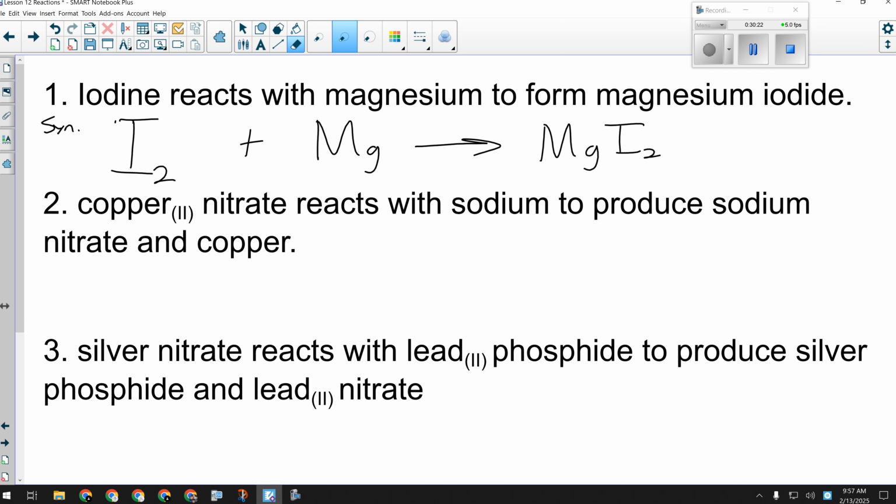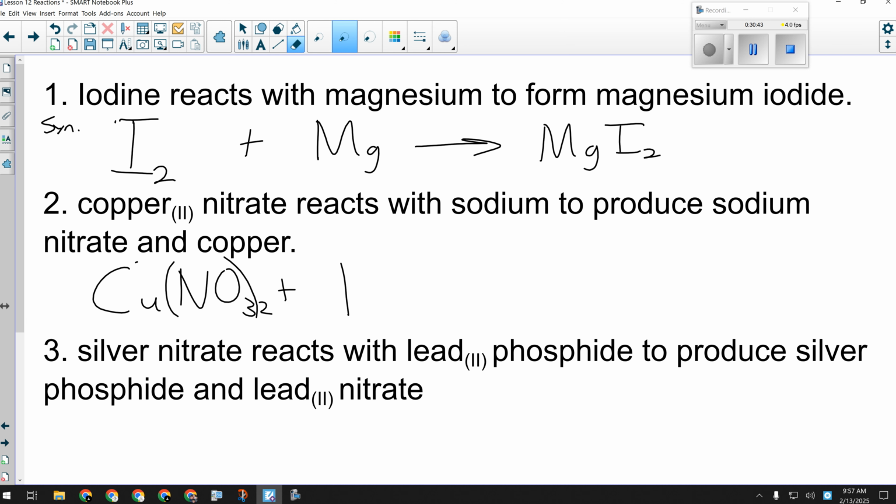All right, for number 2 here, I got copper 2 nitrate. So I do have an ionic compound, so I do need to drop and swap. The Roman numeral 2 tells me to use the 2 plus charge. It's with nitrate, that's NO3 with a -1 charge. Drop and swap, gonna need brackets with a 2 outside the brackets.